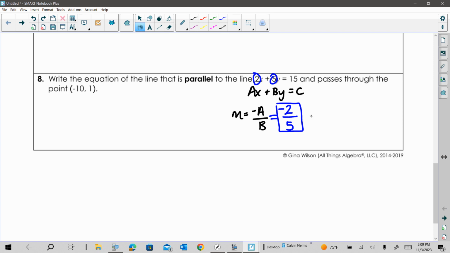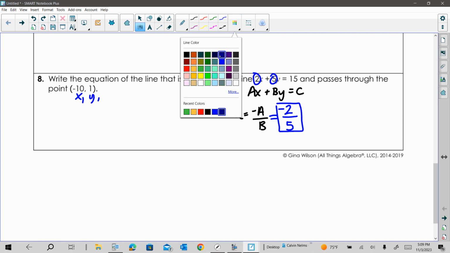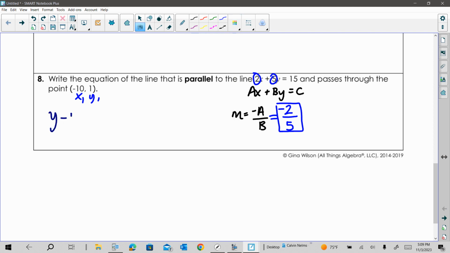So now I can just take this slope and the given point that it has to go through, negative 10, 1, and plug it into point slope form. So this would turn into y minus 1 equals negative 2/5 (x plus 10). Here we're just going to distribute and then solve for y, because they want each of the equations in slope-intercept form.